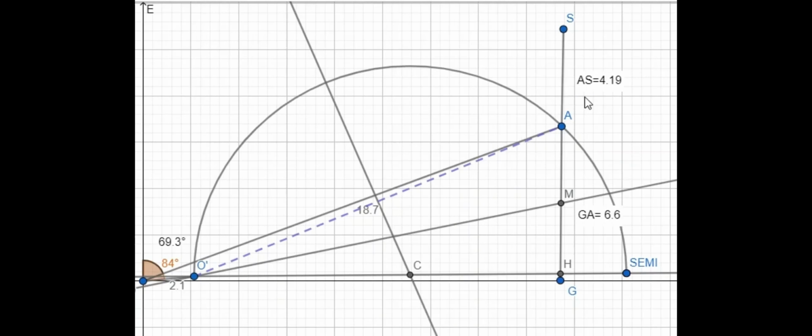Now we have to draw a parallel line with the output line, and the intersection point will give P. After joining the point O with P, we will get the current value.